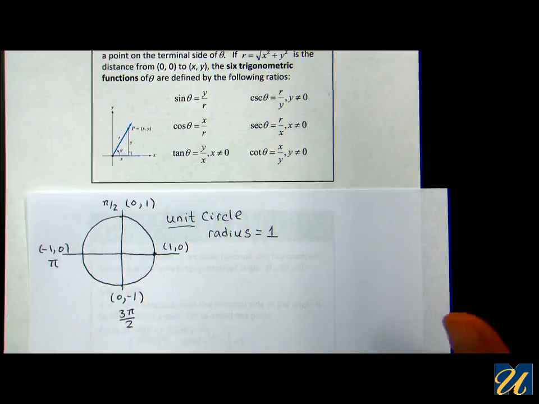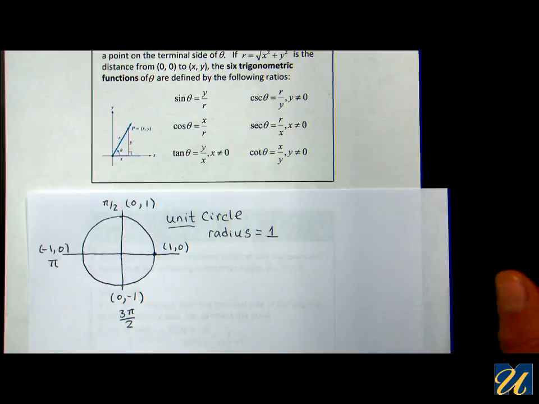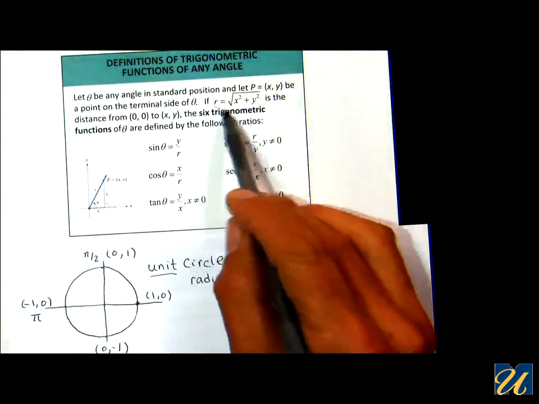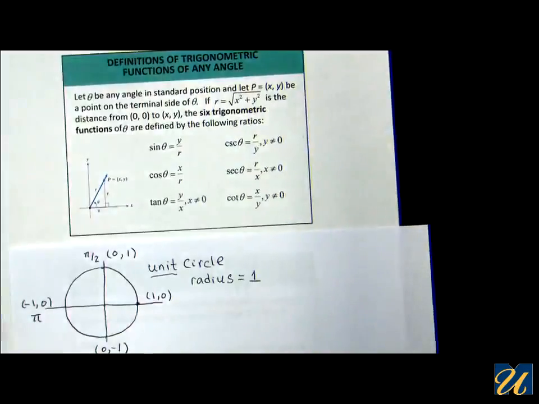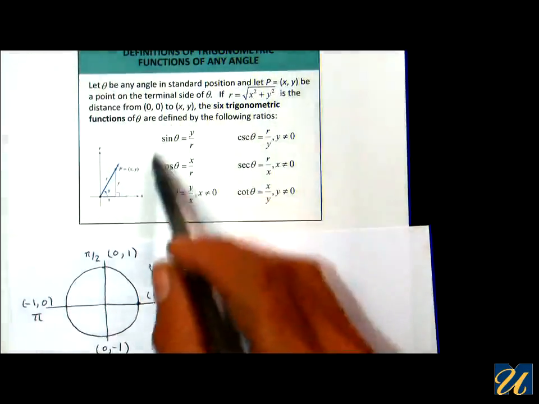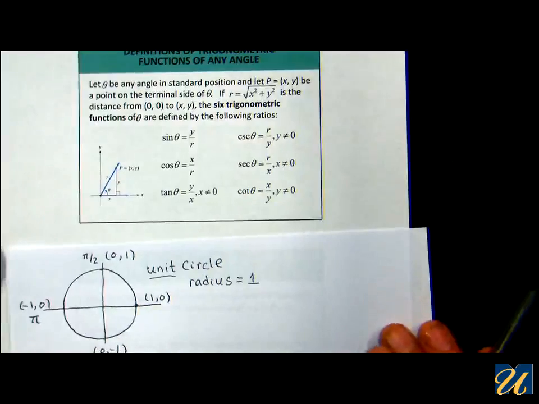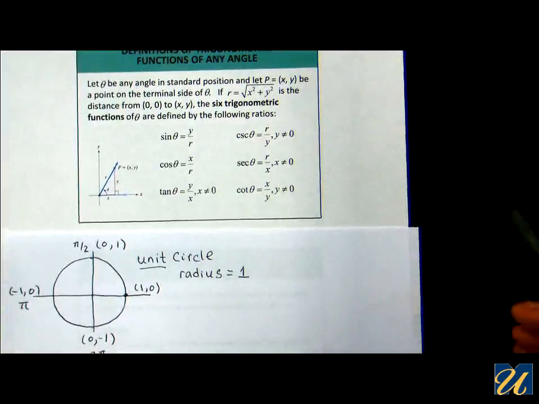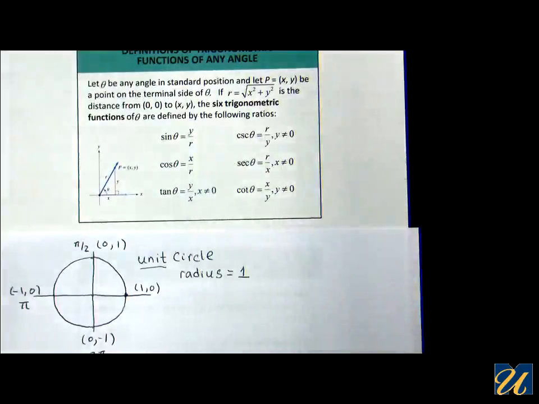Later in the problem section I'll do an example of a point P which is not on the unit circle, which means r is not 1, and now we'll have to invoke the Pythagorean theorem, and the problem becomes a little bit more involved, and these definitions are more crucial, and sine will not just be the y-coordinate, it'll be y divided by r.